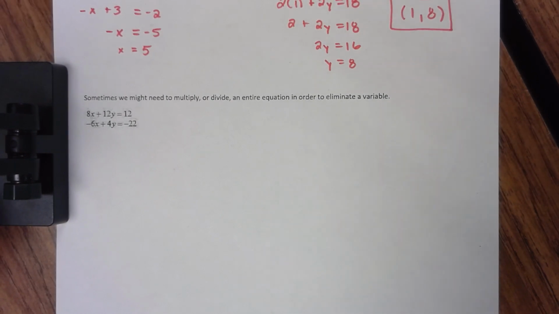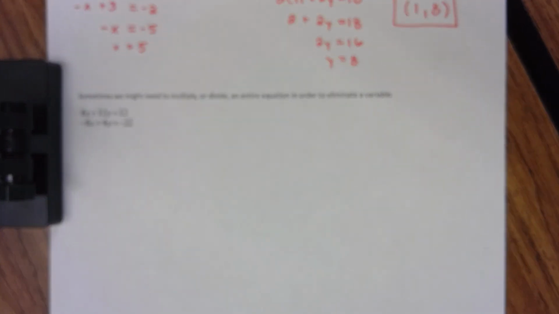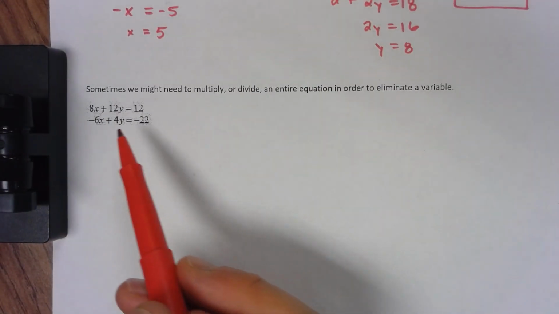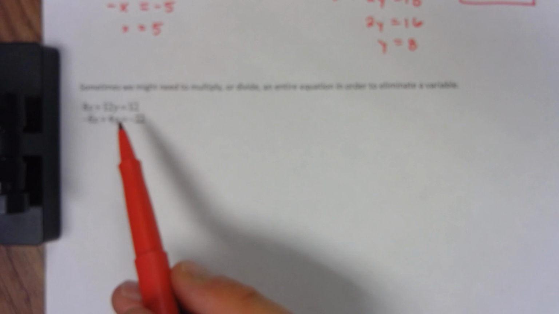So what I'm trying to think about is the quickest way to get the same number of variables, but one positive and one negative. I've got 4y here, and I can multiply 4 by a number to get 12.